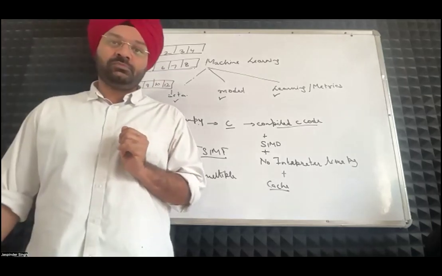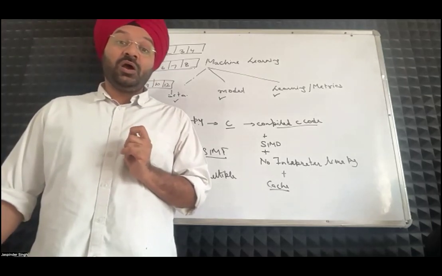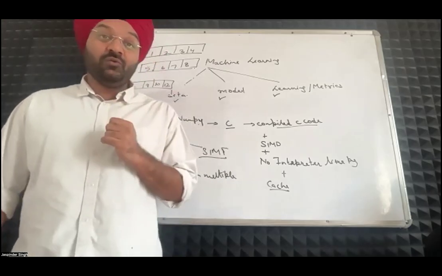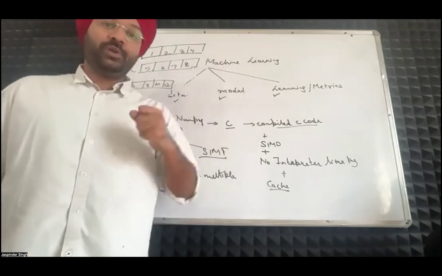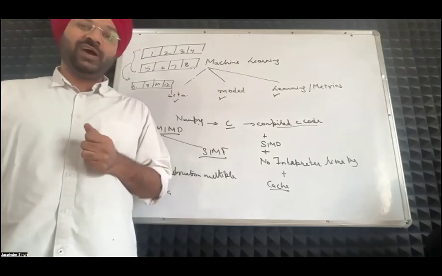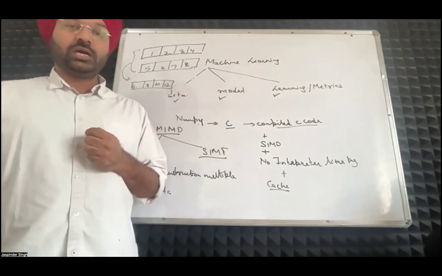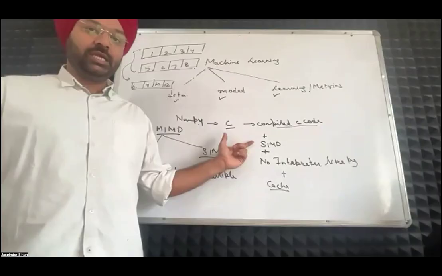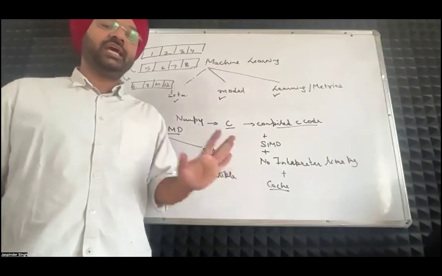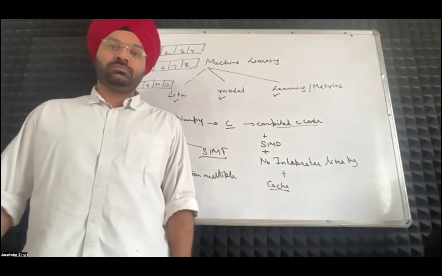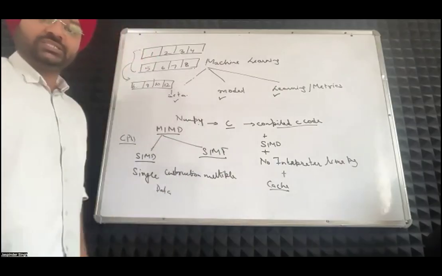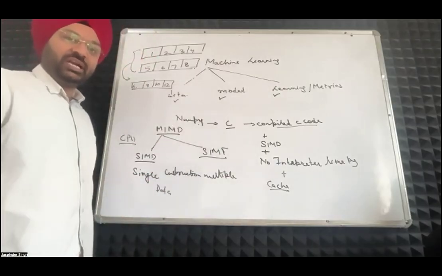But in NumPy, we have vectorized operations. Vectorized operations is nothing but compiled C code plus SIMD plus no interpreter plus cache. In single instruction, multiple data, what happens?